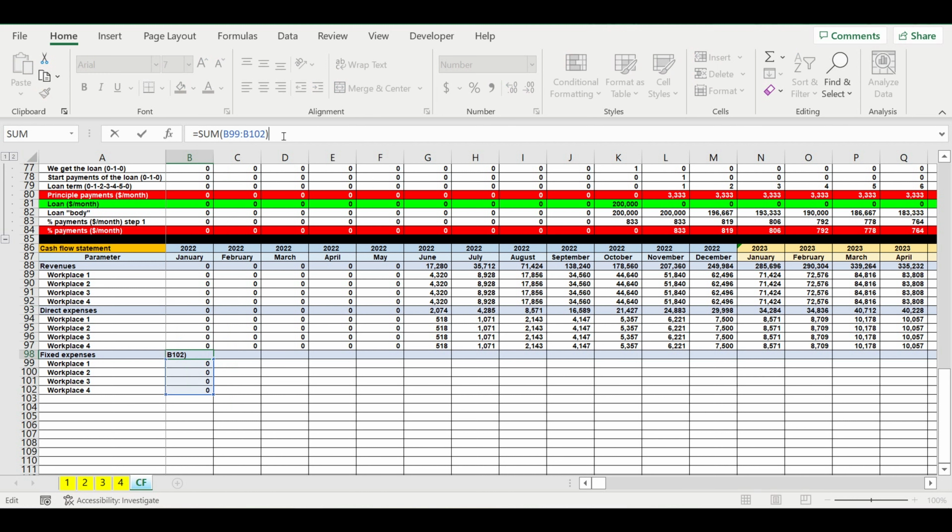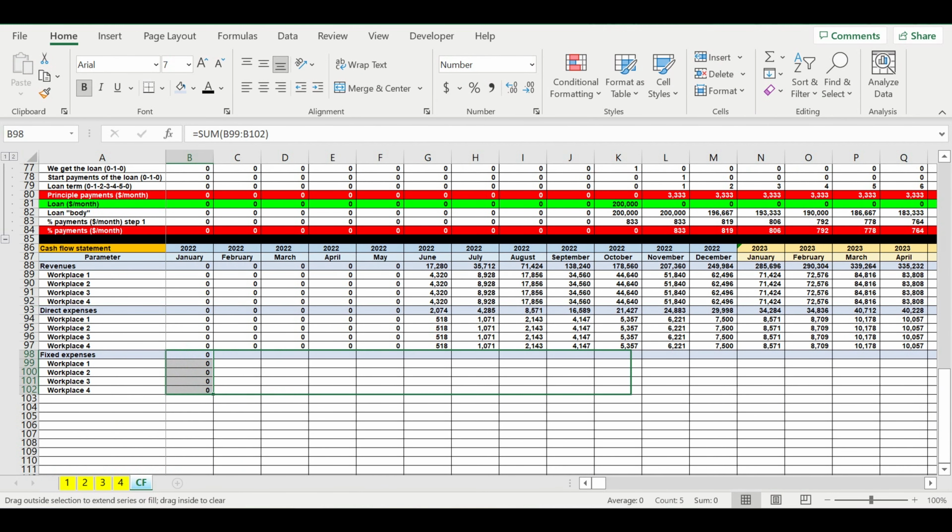We are taking totals and extrapolating this to the right.